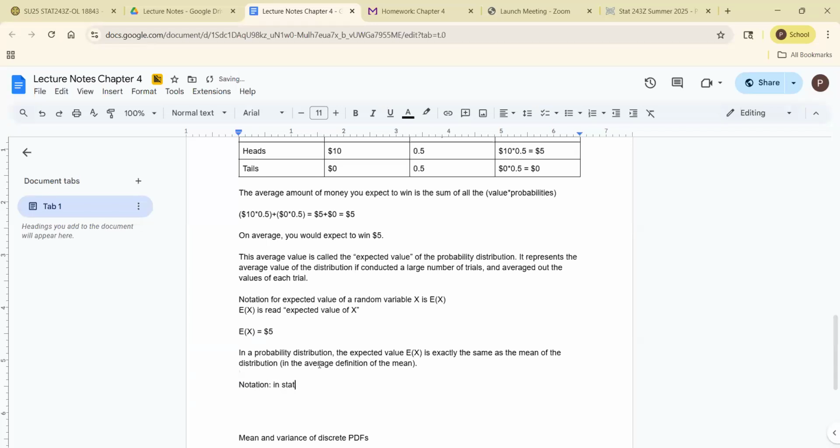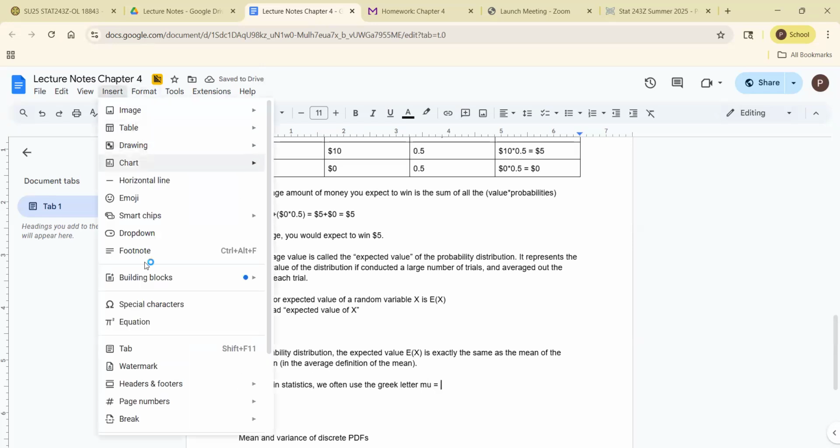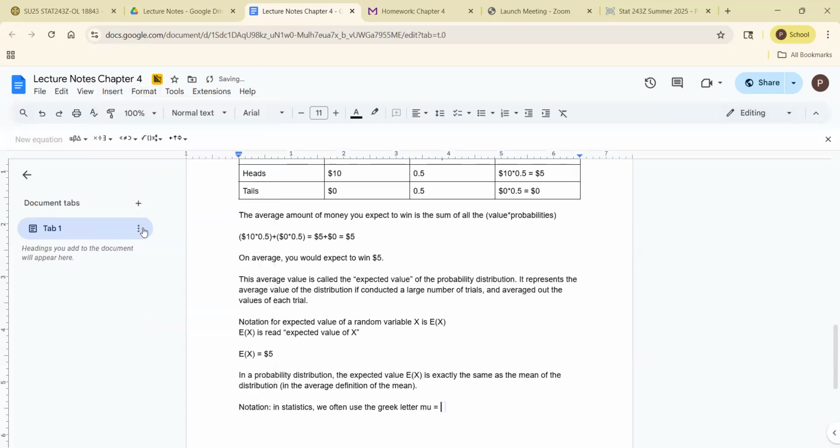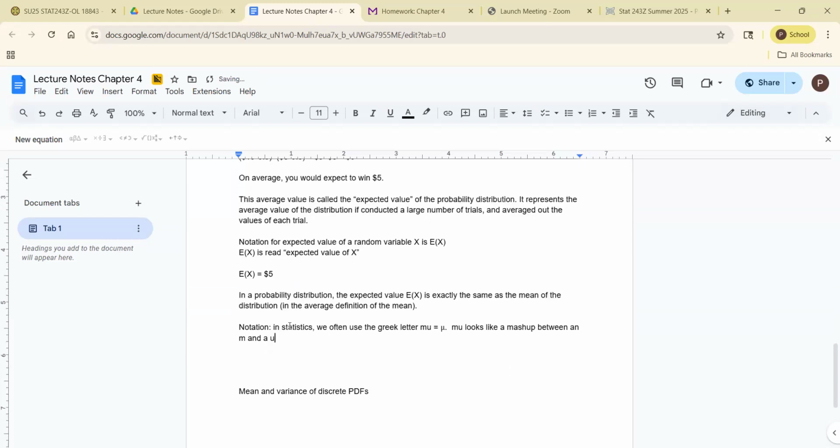A little bit of notation in statistics: we often use the Greek letter mu, which looks like that funny looking kind of an M, kind of a U. Mu looks like a mashup between an M and a U, which is kind of convenient because when I write mu with English characters, I just write MU, and that's what everybody does.